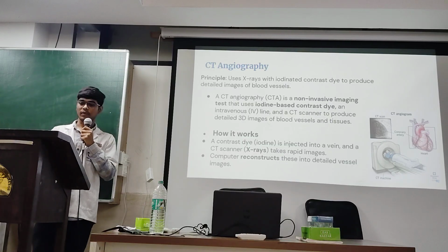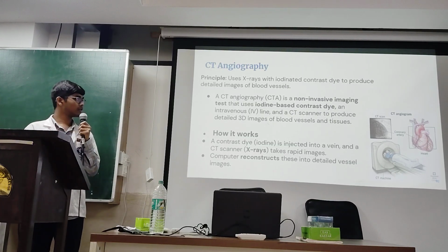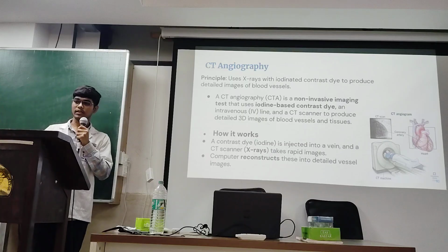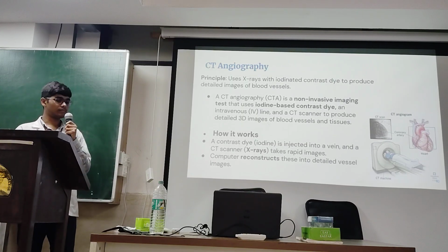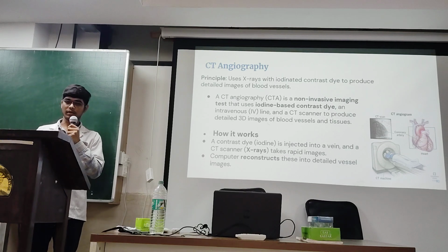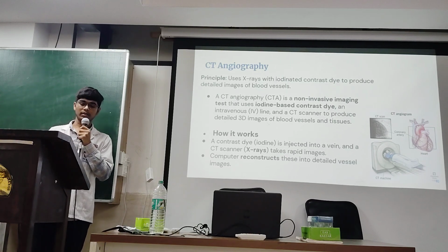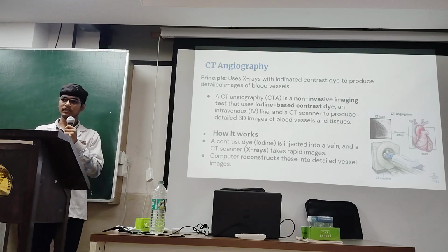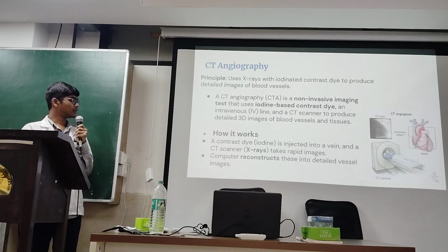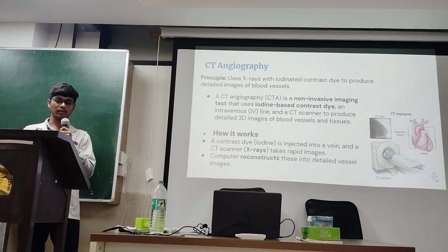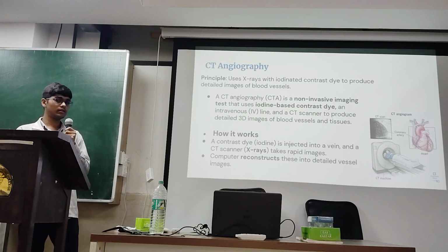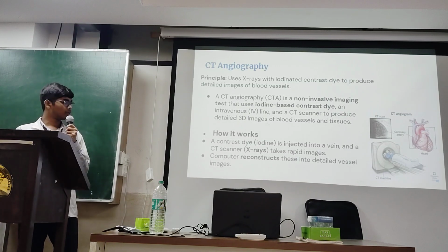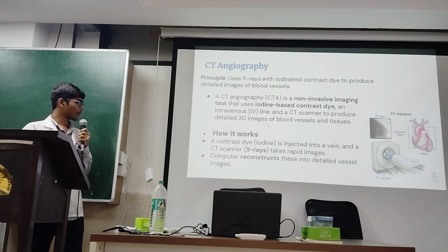So basically, the iodinated contrast dye is injected into the blood vessels, and multiple rapid images are taken by the CT scanner. They are then reconstructed by the computer, and the complete vessel is shown, where we can see any aneurysm or any blockage.